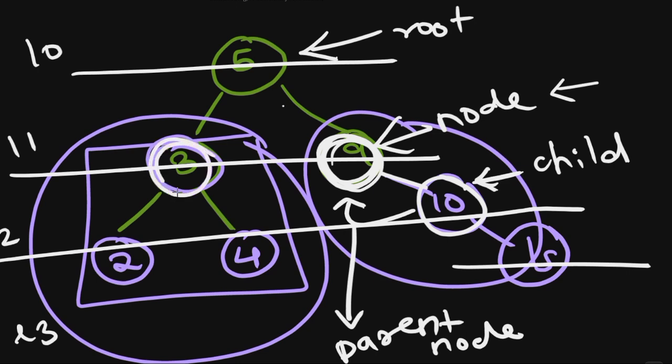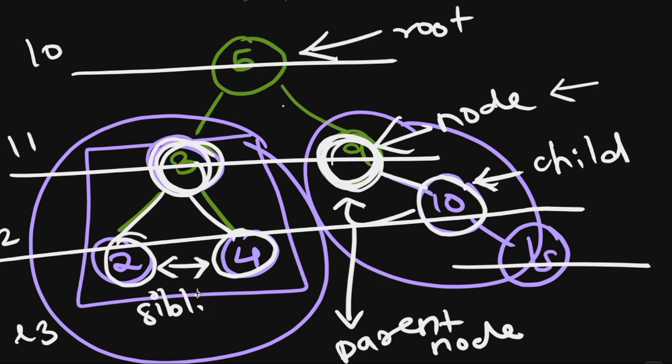Then assuming this node, it has two children, 2 and 4, and we can call these siblings. So something similar to what we draw in our family tree. I assume everyone has drawn some family tree.